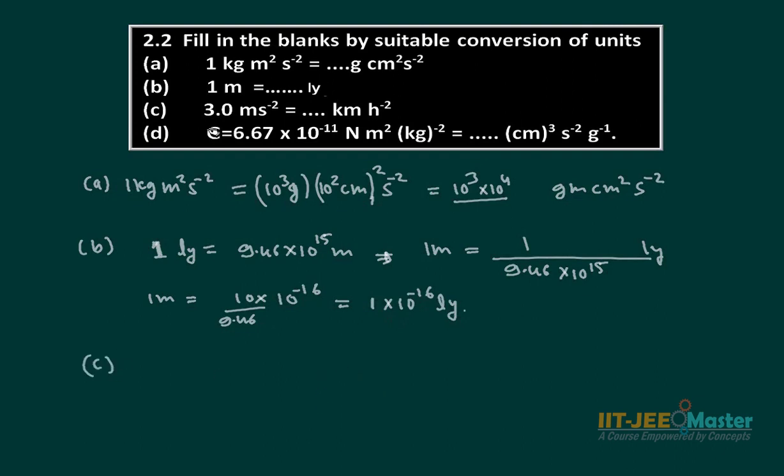Next part is 3.0 meter per second square is equal to how much kilometer and hours to the power minus 2? Meter and kilometer. So 3.0. In place of meter, we will write 10 to the power minus 3 kilometer.